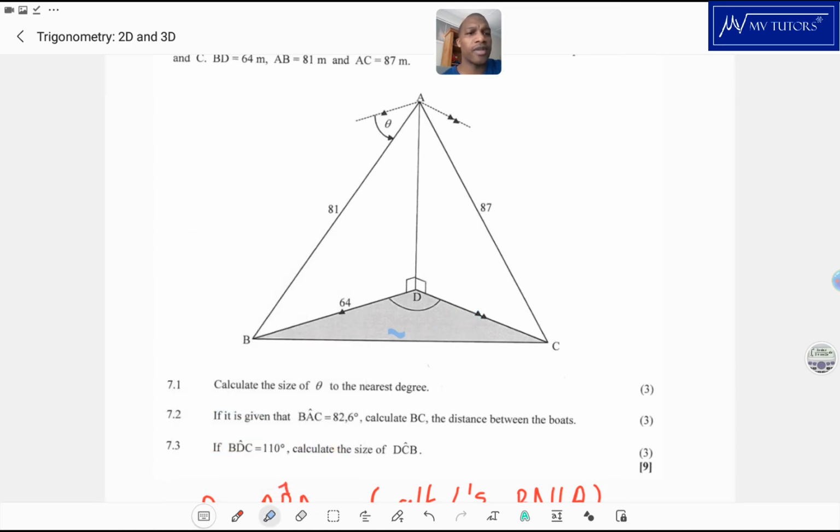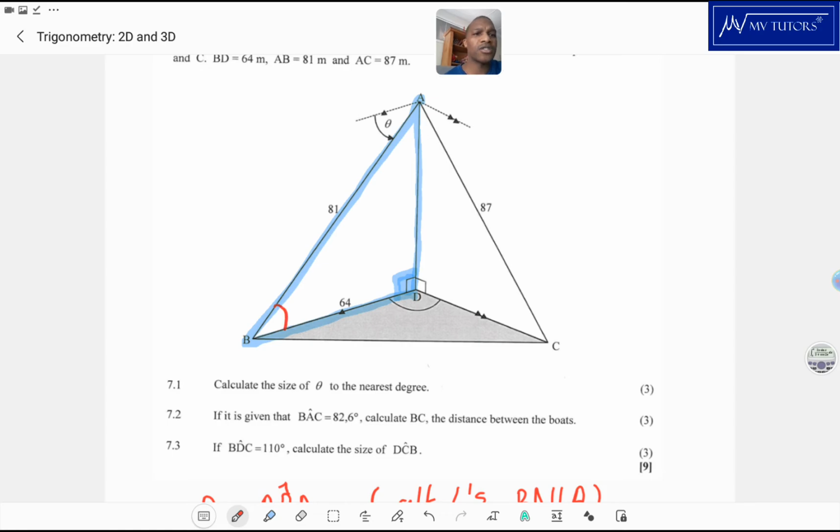If you look at this triangle over here, A, D, B, it's right angled right there. It's a right-angled triangle, which means we can actually use Pythagoras.